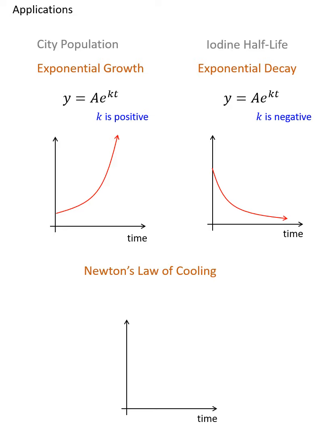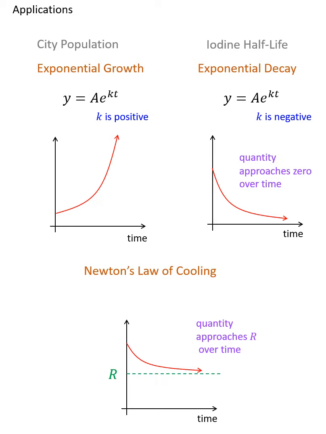And you might imagine over time, if you were tracking the temperature of a cup of coffee, that if there were a certain room temperature, call it R, that the temperature of the coffee would be decreasing over time, but getting closer and closer to that room temperature as time went on. The distinction between this and exponential decay is that in this case, the quantity approaches that R value over time, whereas if you look at the upper right corner, in exponential decay, whatever measured quantity we're studying approaches zero over time.